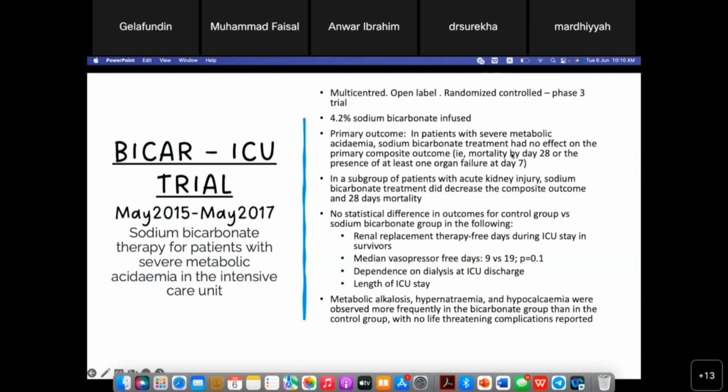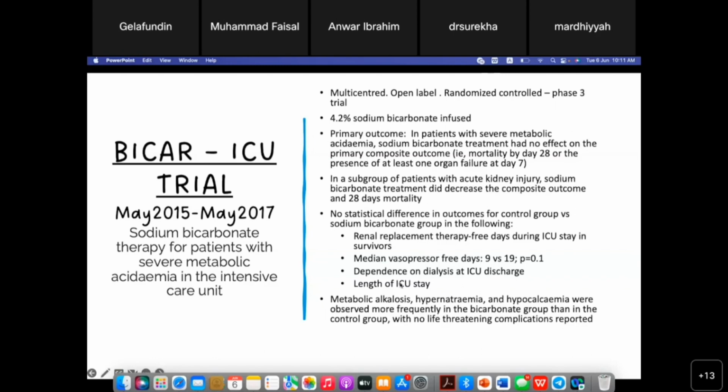So whether you use bicarb or not, there is no difference. But in the subgroup of patients with AKI, it was noted that sodium bicarb treatment did decrease the composite outcome and 28-day mortality. There was also no statistical difference in outcome between the control group and the sodium bicarb group in the following: days of renal replacement therapy during ICU stay, median days of vasopressor, dependence on dialysis at ICU discharge, or the length of ICU stay. Basically, for all of these there was no statistical difference.